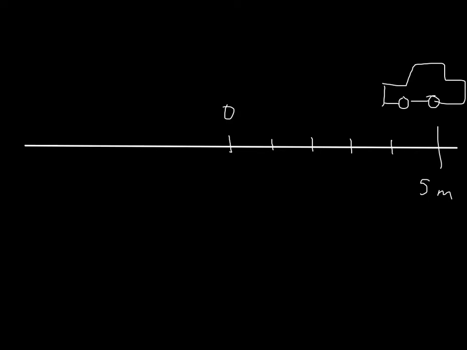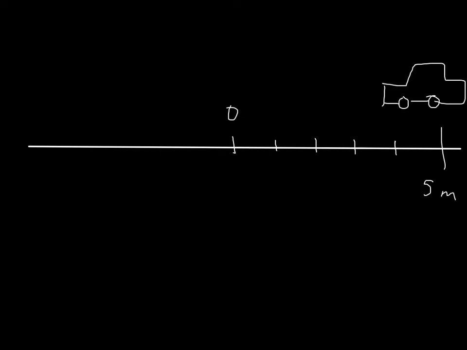So if I move 5 meters in 1 second, then I know that my speed, which I'm going to write as v, is going to be my distance, s, over the time it took me, t. However, this is not very precise, because that's not really my speed.